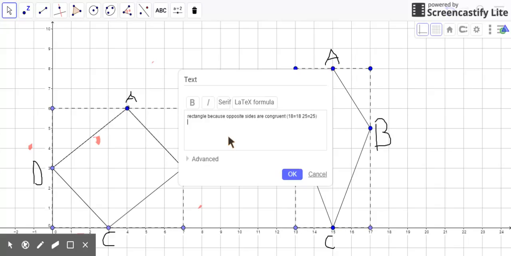And then the opposite sides are parallel. You know that because of the slope: negative 3 over 3, then 3 over 4, negative 3 over 3, and 3 over 4. And that would be the summary statement for the rectangle we just found out.